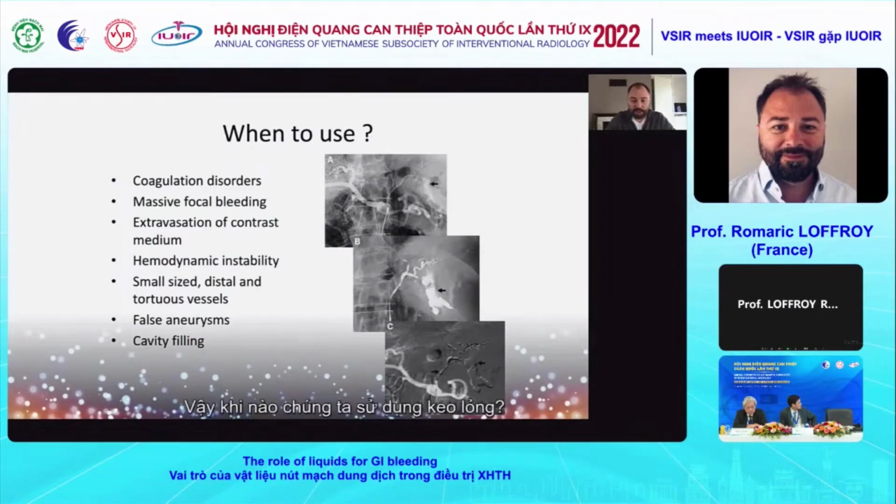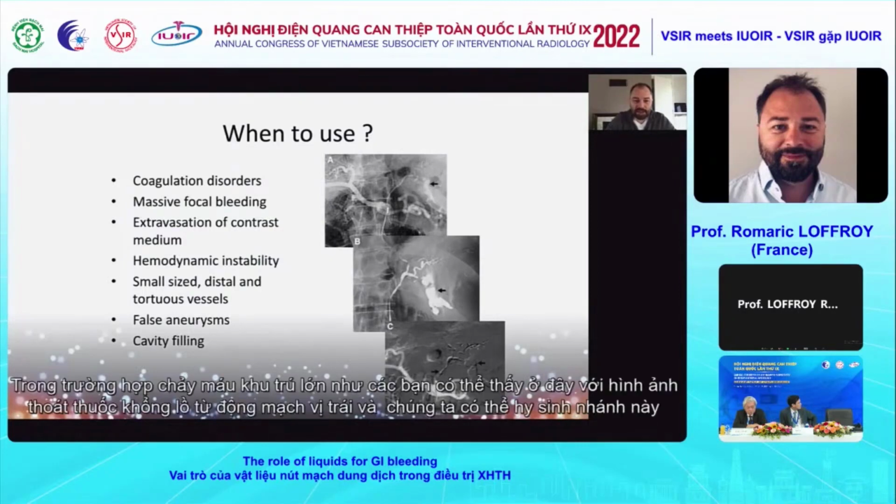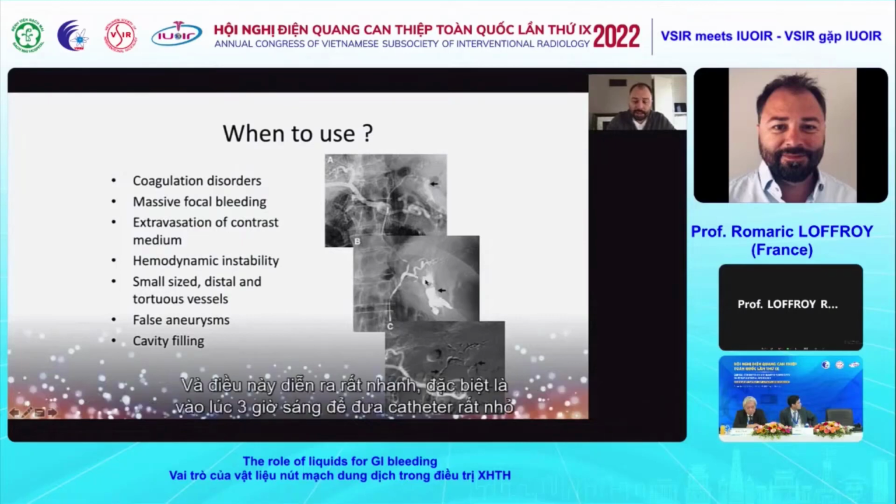So when to use liquids: very good indications and very good candidates in case of coagulation disorders, of course. In case of massive focal bleeding, as you can see here, with huge extravasation from the left gastric artery, we can sacrifice this branch without any issue. And this is very fast, especially at 3 o'clock in the morning, to put a microcatheter and two drops of glue, and it's done.